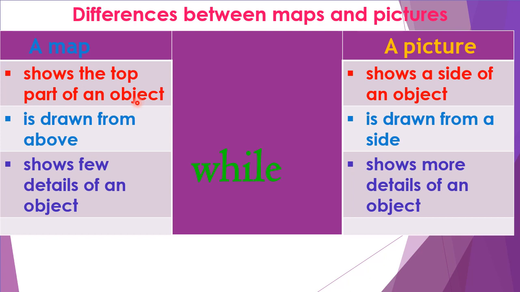If the map shows the top part of an object, what does a picture show? A picture shows a side of an object. So the relationship is that a map shows the top part of an object, while a picture shows a side of an object. So that is one difference.